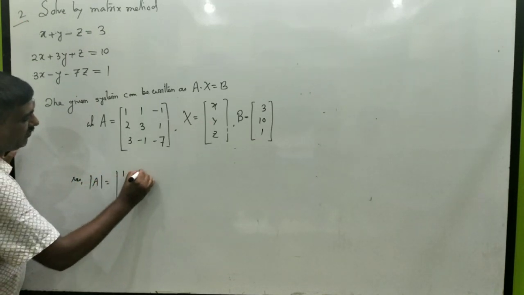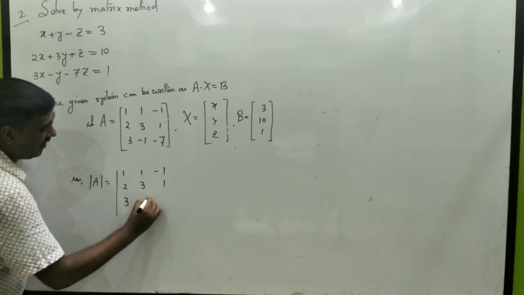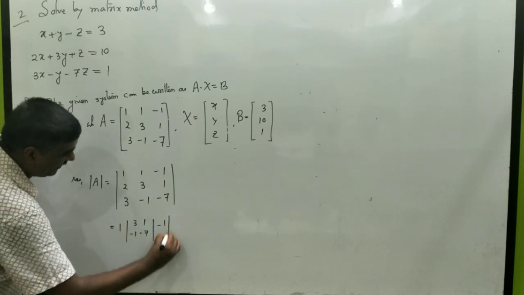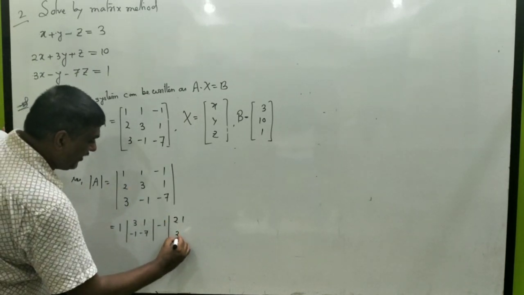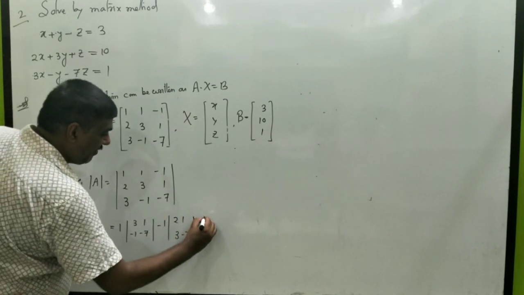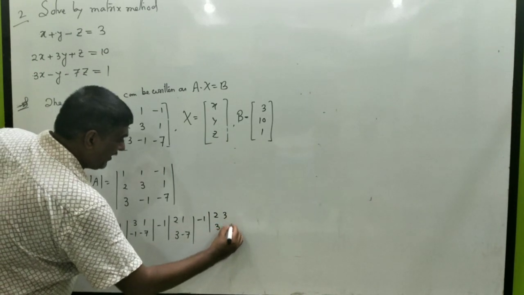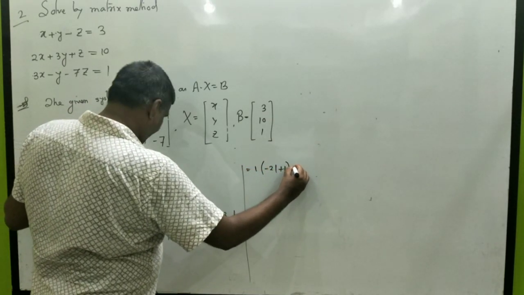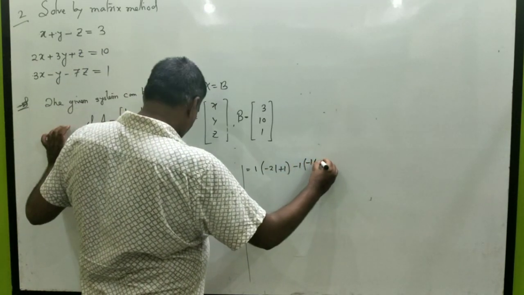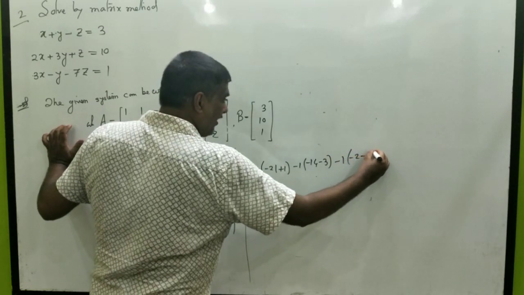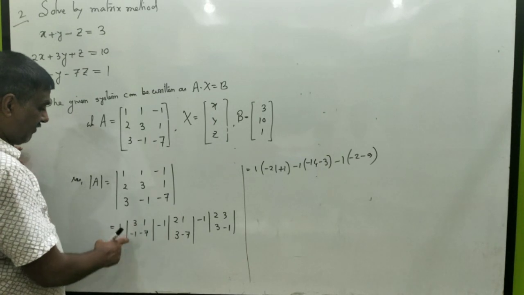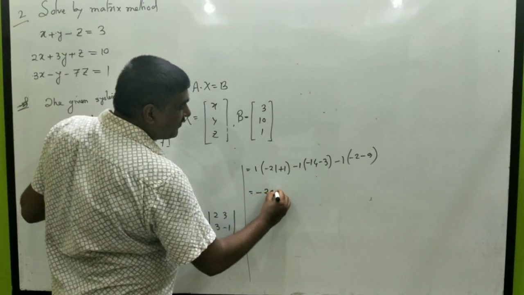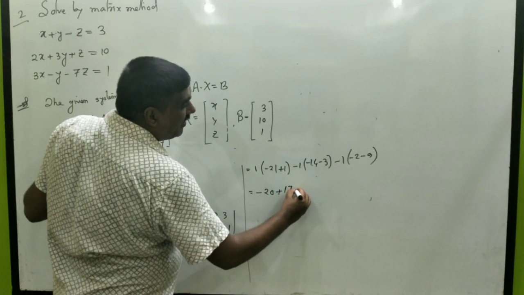Determinant of a equals to determinant of 1 1 -1 2 3 1 3 -1 -7, clear। तो 1 into 3 1 -1 -7, -1 into 2 1 3 -7, प्रॉपर्टी भी यूज करके छोटा कर सकता है, मैंने नहीं किया। -1 into 2 3 3 -1, clear। that is we get 1 into -21 plus 1, -1 into -14 -3, -1 into -2 -9, clear। So we get here -20, here 17 or here plus 11, is not it?